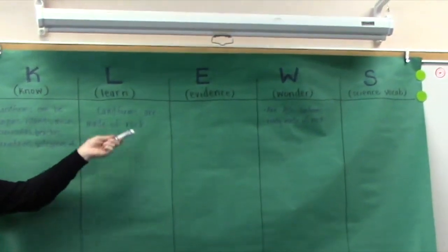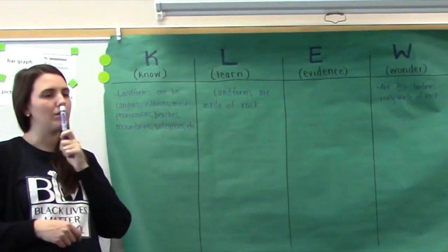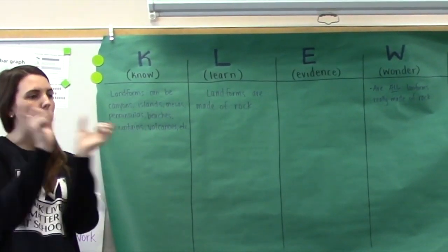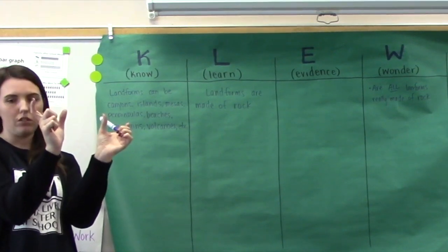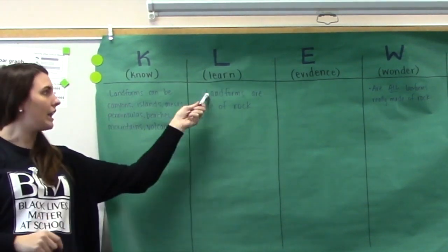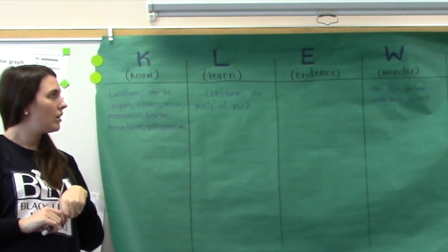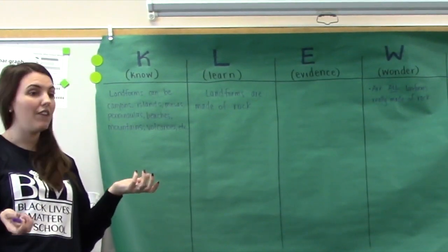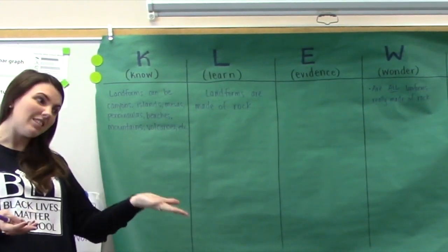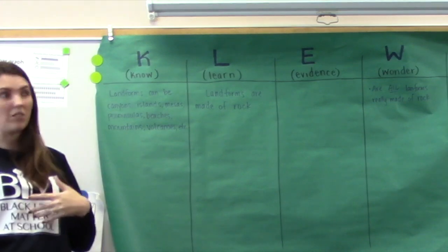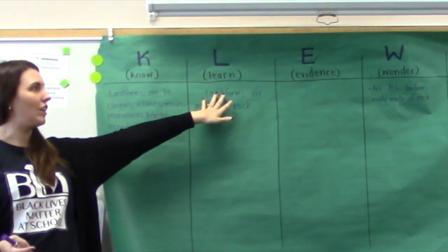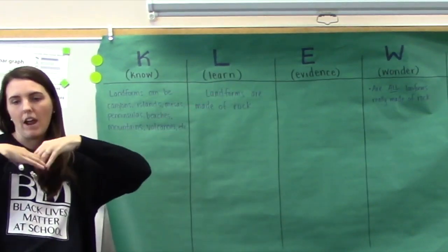I want to look at the word landforms. It's kind of that compound word, right? There are two small words that we know. Landforms. Forms of land. And if we're thinking of ice, like ice caves or the ice on top of mountains, that's not really in our landform, right?